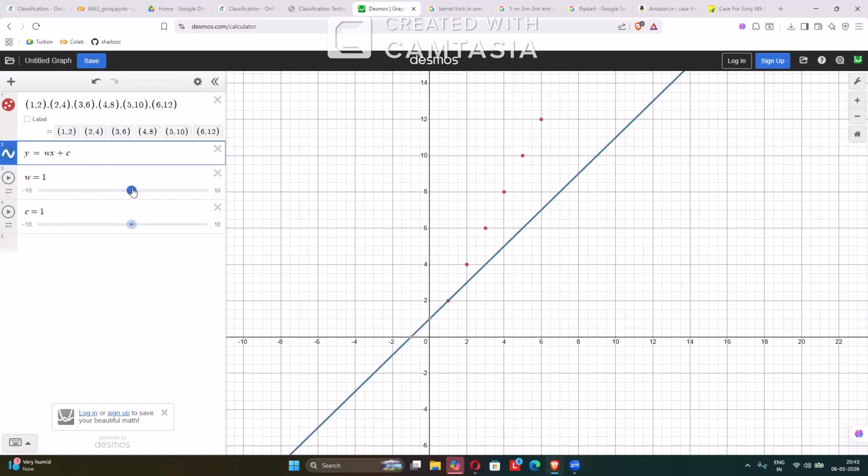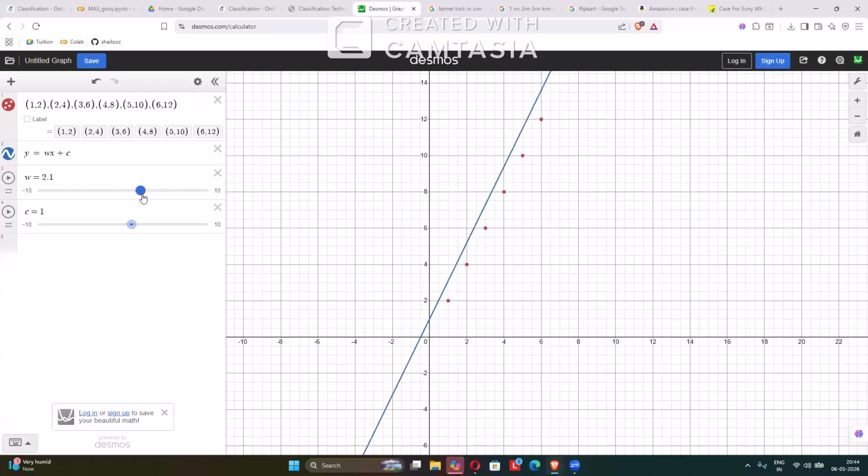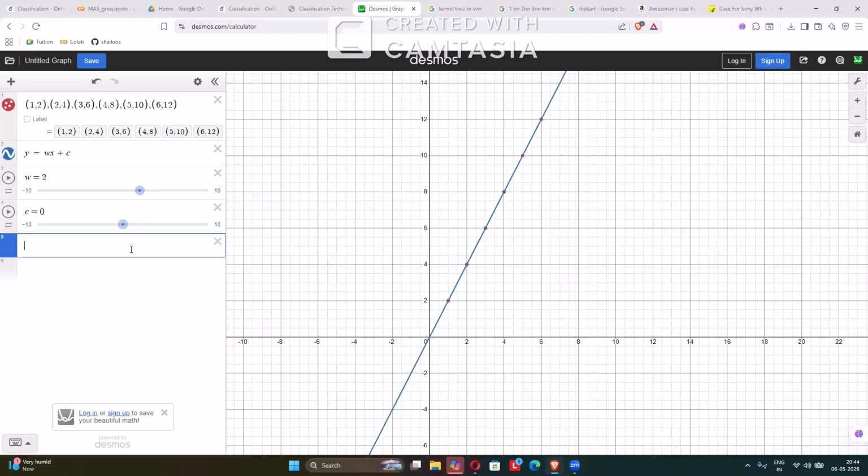And we will adjust the values of w and c so that the error we are getting is very minimum. Is that clear? Yes, sir.